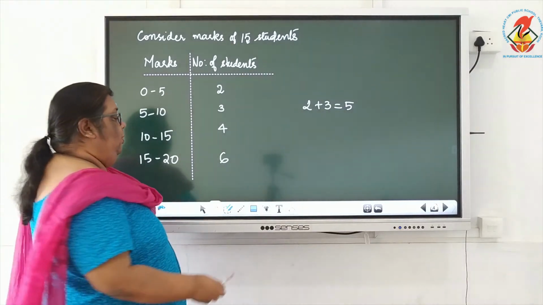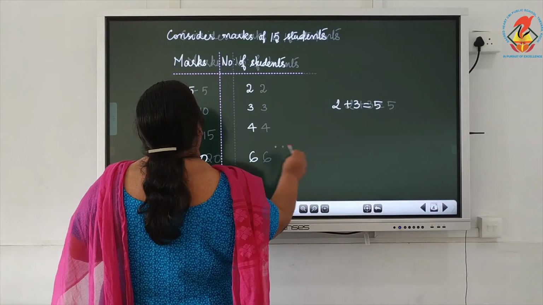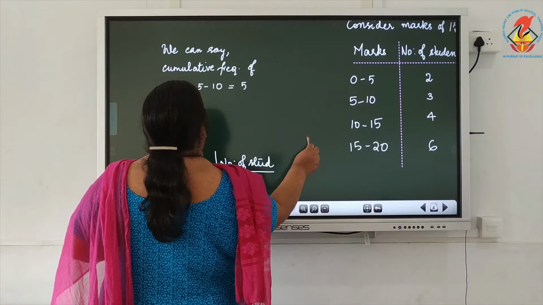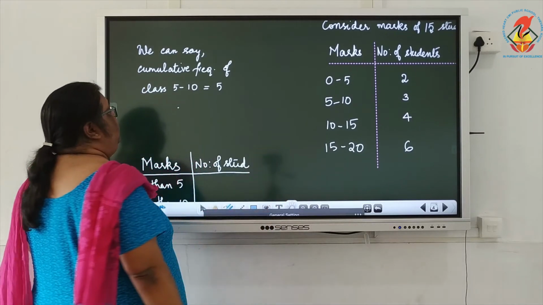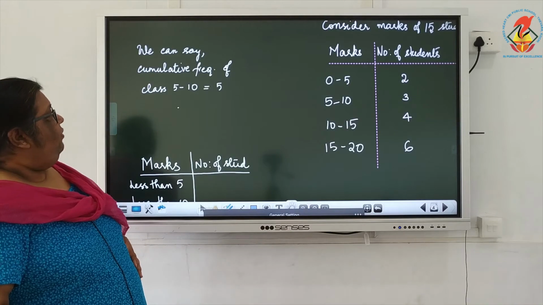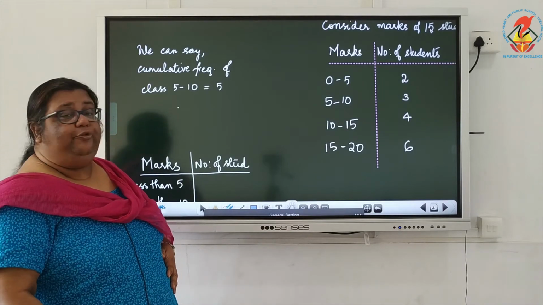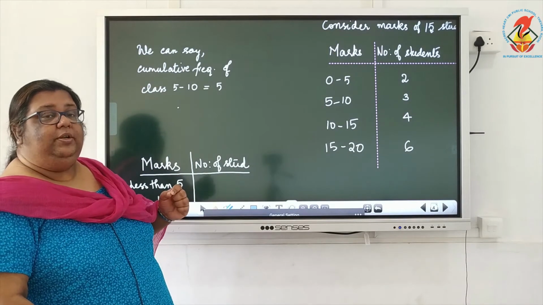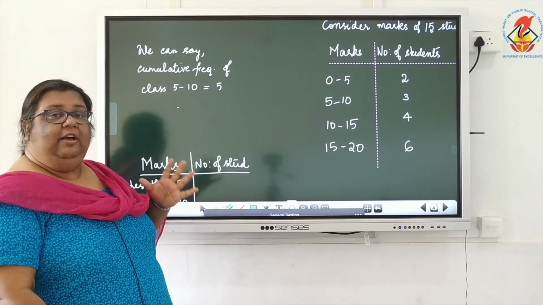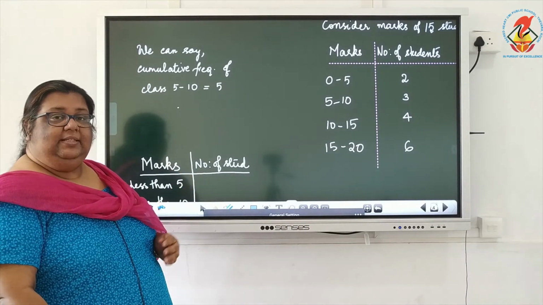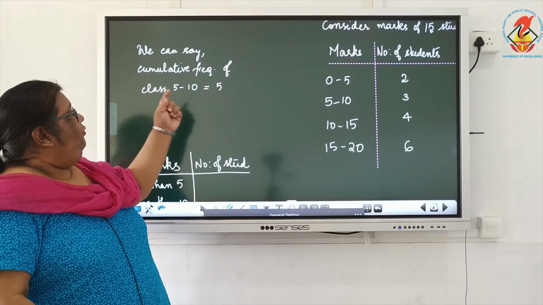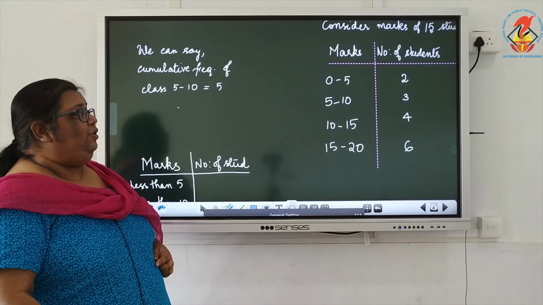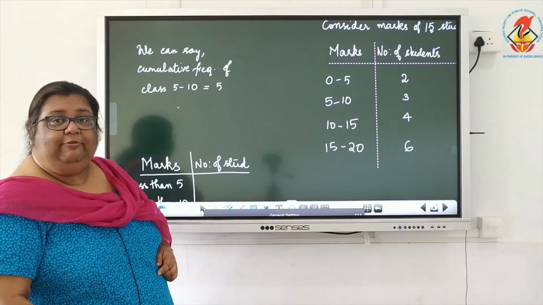Okay. So, we can say the cumulative frequency of class 5 to 10 is 5. How many students got less than 10 marks? 5 students. That same thing we can say as cumulative frequency of class 5 to 10 equals 5.